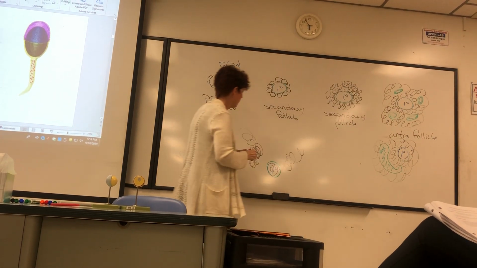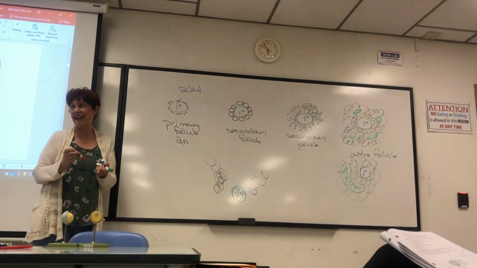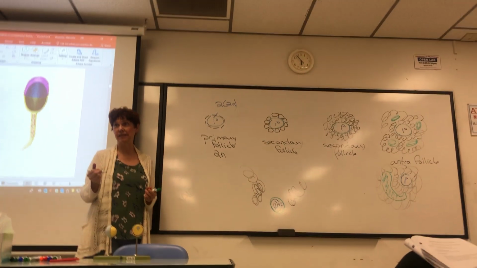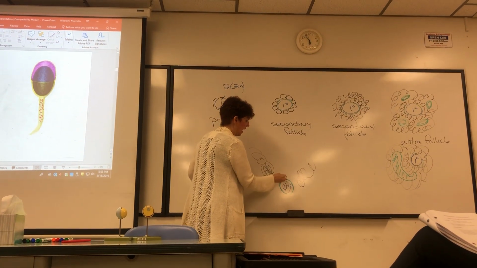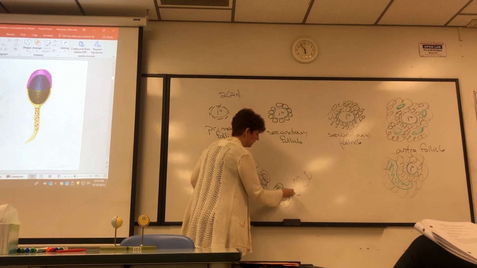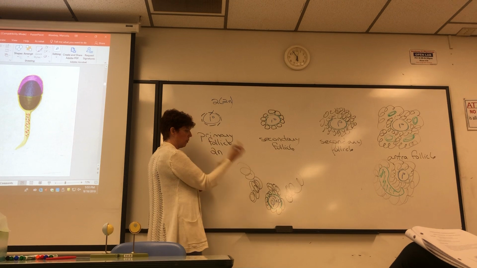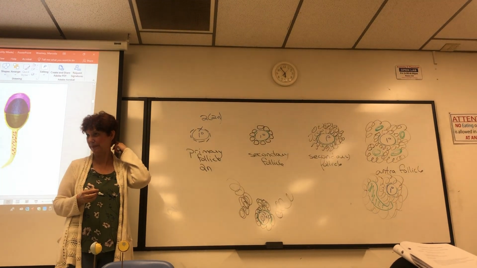Okay. So at ovulation is the first time that I ask you to recognize that the oocyte is a secondary oocyte. Okay? And it's going to have the corona radiata and some cumulus oophoris cells. And so obviously this is the mature or Graafian follicle that has ruptured.